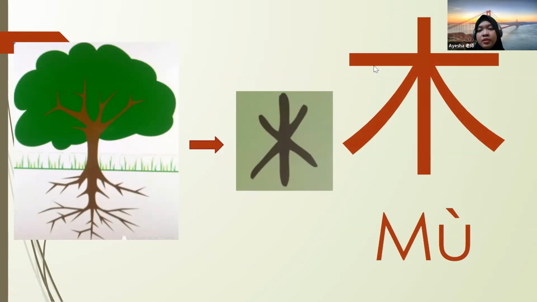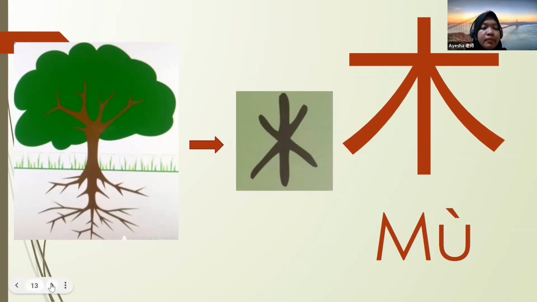Why? This mu only refers to the base here. It doesn't have the leaves here. That's why it doesn't refer to the tree. But mu in general can be referred to as wood, trees without leaves. If you have a tree and you have a trunk, that's a mu as well.